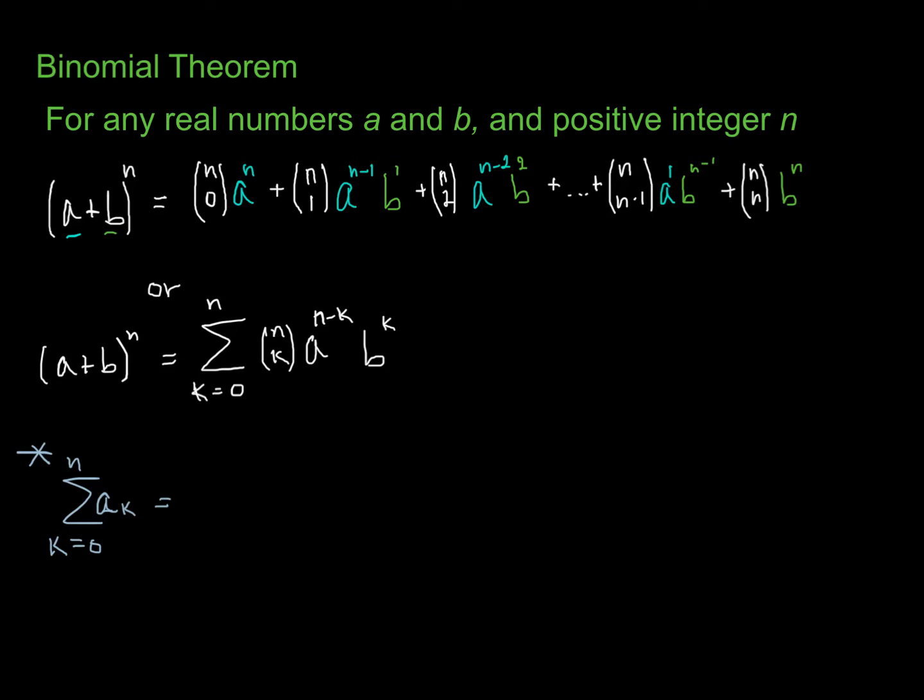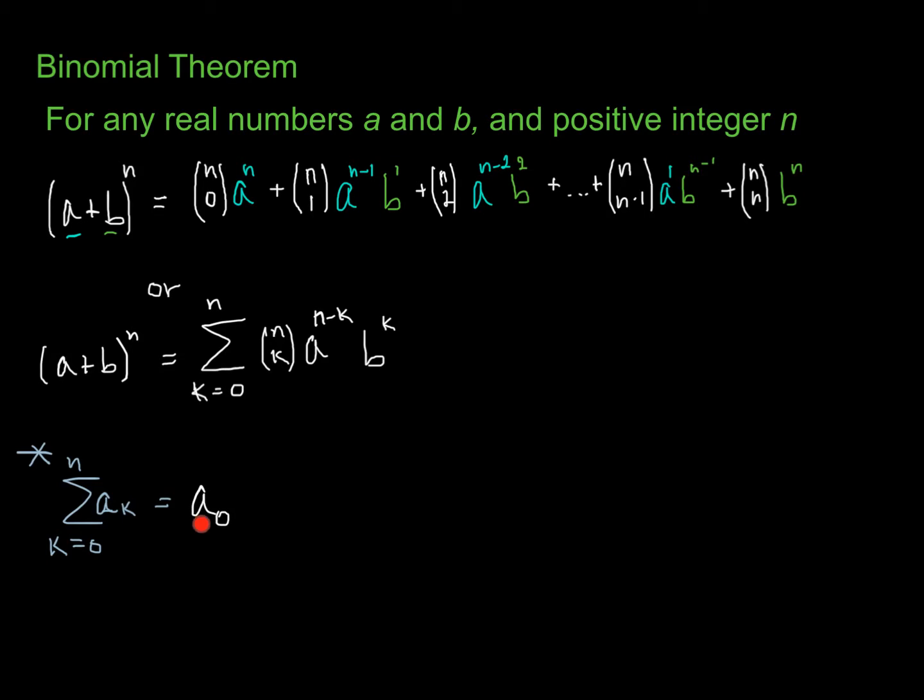And I'm going to explain what this sum notation means with this example here. So sum notation tells you this. It says start when k equals 0. And when k equals 0, plug in 0 for k into your expression. So I just have a very simple expression here. This is just saying a sub k is your term. Okay? So when k is 0, I'll have a sub 0.